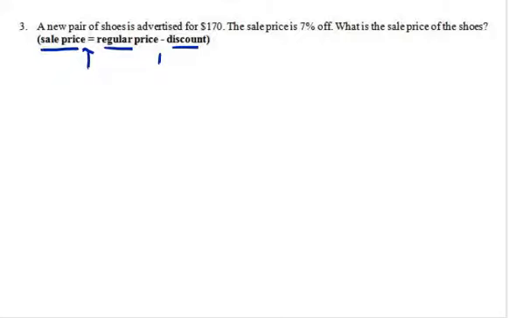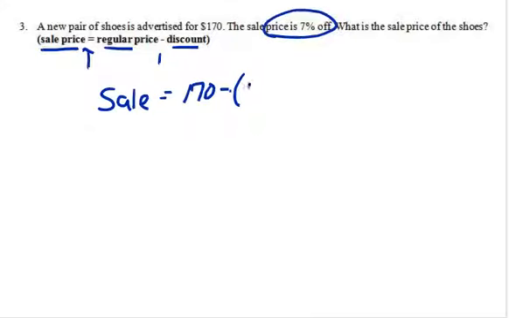So our sale price will be 170 minus the discount. Right here, the sale price is 7% off, so our discount is 7% of, and again, just like with the tip, when you're talking about percent of a number, percent of a bill, percent of a price, it's 7% of that regular price of $170.